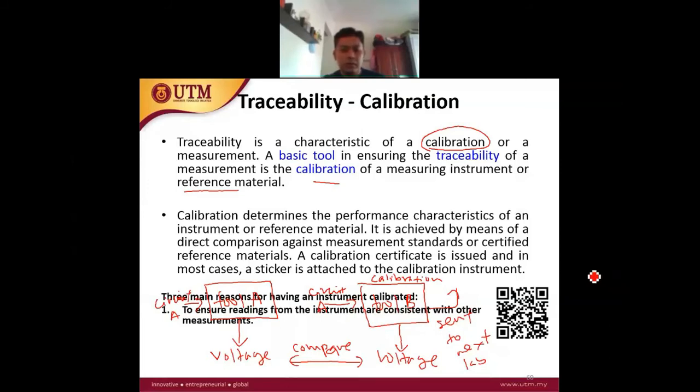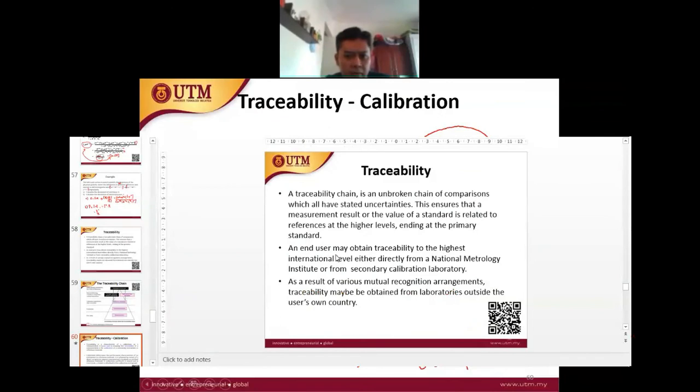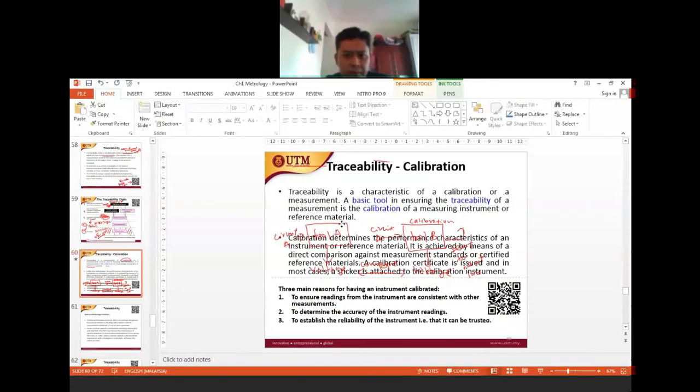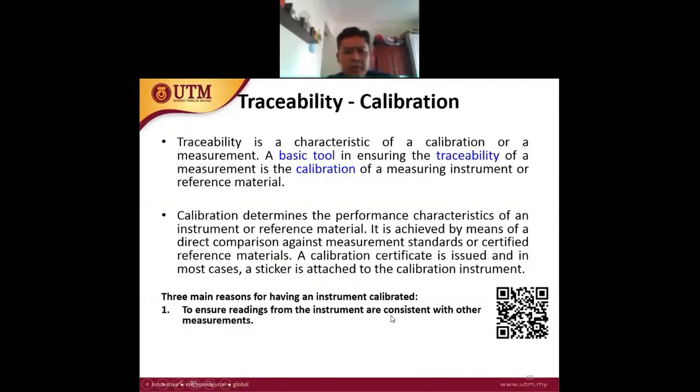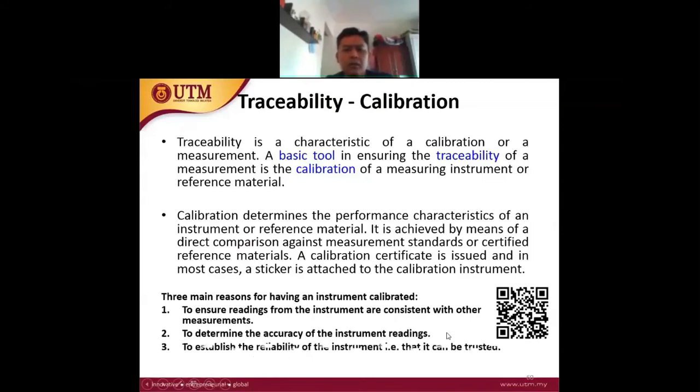So, the three main reasons for having an instrument calibrated: to ensure the instrument readings are consistent, to determine the accuracy, and to establish the reliability of the instrument.